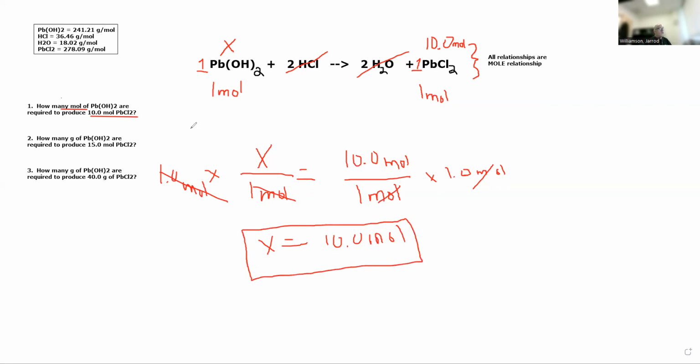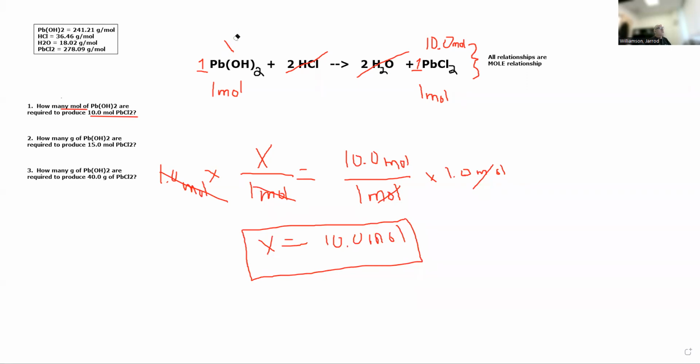The number of moles of lead hydroxide needed to produce 10 moles of PbCl2 is 10, which makes sense because if it's a 1-to-1 relationship, and I want to produce 10 of these, I'm going to need 10 of those, right? It's on a mole relationship basis. That's kind of straightforward, right?